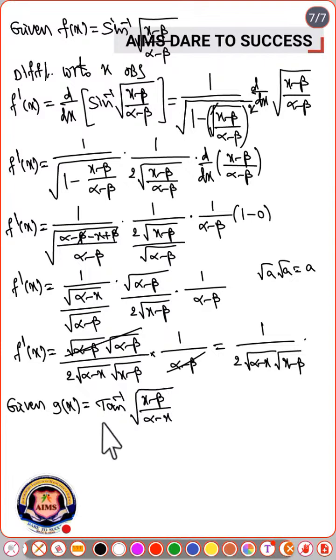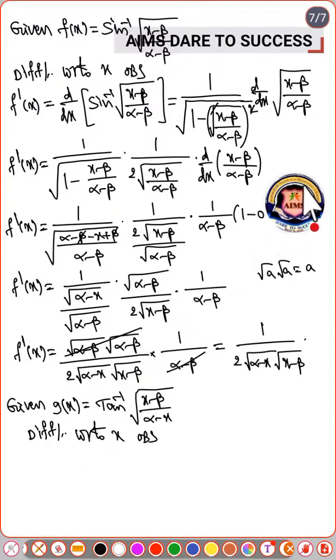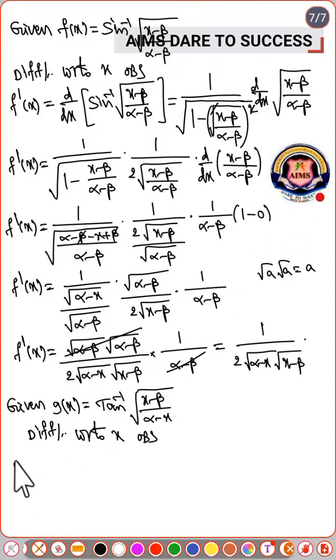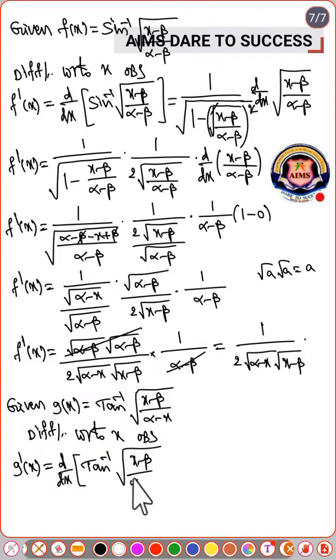So here you will apply differentiating with respect to x on both sides. My dears, we get g of x derivative, g dash of x is equal to d by dx of tan inverse of root x minus beta by alpha minus x.